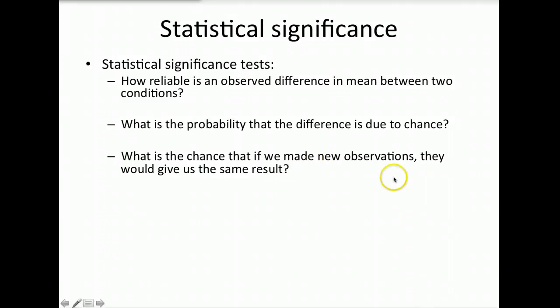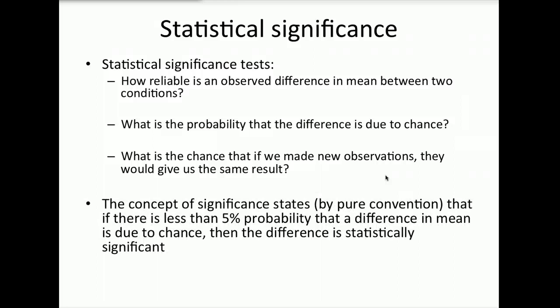So this all has something to do with the reliability of the observations that we make and the likelihood that they will generalize to a greater sample. The concept of significance states, and that's really by pure convention, that if there's a less than 5% probability that a difference between two means is due to chance, then this difference is statistically significant. Then we can establish that there's a difference between two conditions.